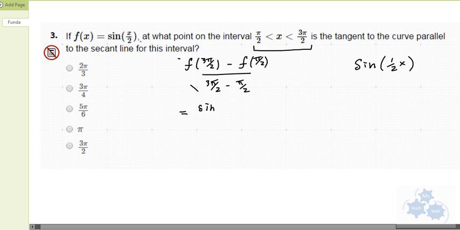So this is sine of, now remember x here, 3 pi over 2, is actually divided by 2. So this is sine of what? 3 pi over 4. When you divide something by 2, you double the denominator there. Minus sine of pi over 4. And it's going to be over pi here.